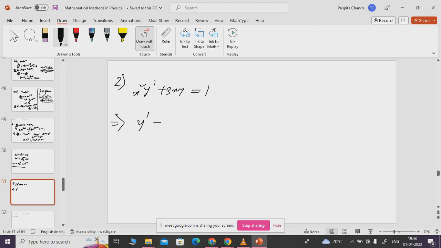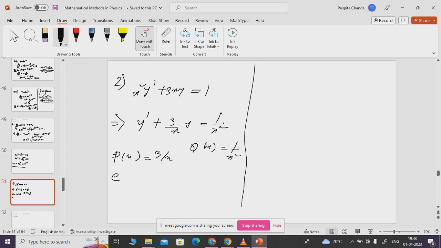The second question is x square y dash plus 3xy is equal to 1. We need to write it in the standard form. So for y dash, we need to divide by x square, so it will be y dash plus 3 by x y is equal to 1 by x square. Here P(x) is equal to 3 by x and Q(x) is equal to 1 by x square.